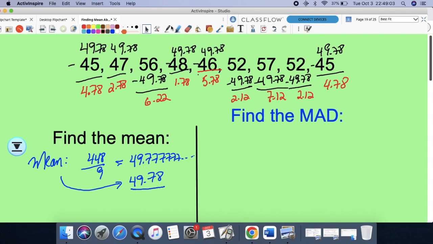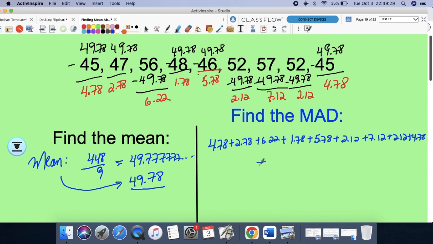To find the MAD, we're going to add all these numbers, and I'm actually going to write it for you. So 4.78 plus 2.78 plus 6.22 plus 1.78 plus 5.78 plus 2.12 plus 7.12 plus 2.12 plus 4.78.